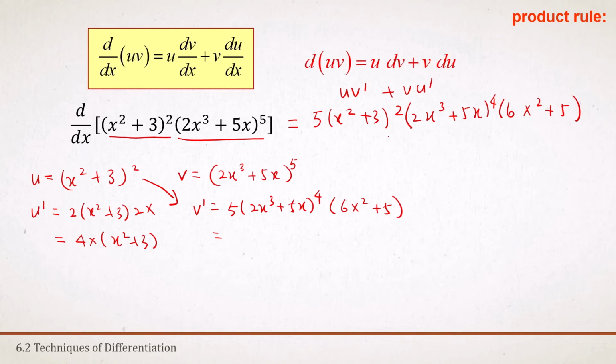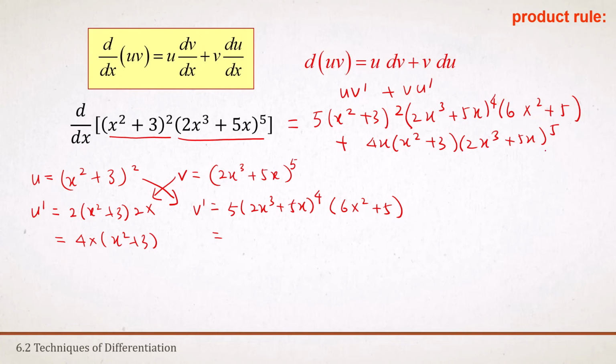This is only for the uv prime. And then what is my vu prime? And remember, this is a plus. My vu prime is this one: I have my 4x, x squared plus 3, and 2x cubed plus 5x power of 5.